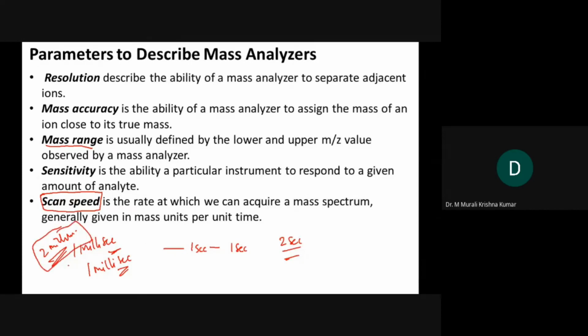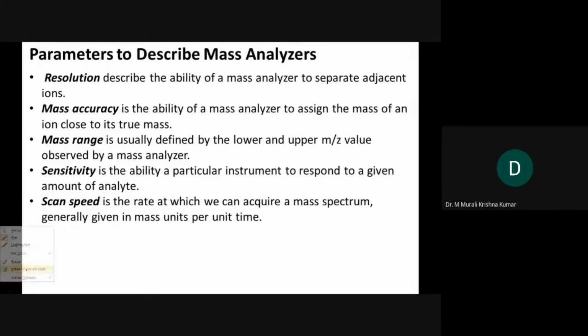That's the reason why we can make use of this type of analyzer in high throughput screening mechanisms, wherever and whenever we require high throughput screening. We use it, for example, when we integrate a mass spectrometer to HPLC, because from HPLC the liquid is coming out continuously.